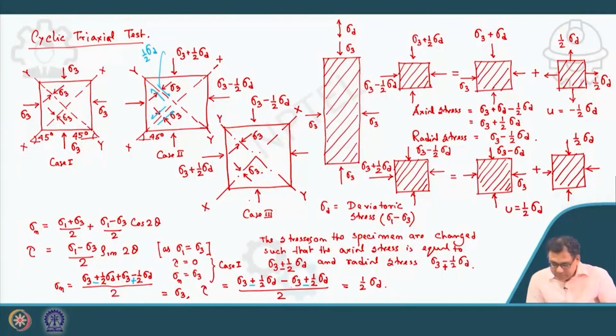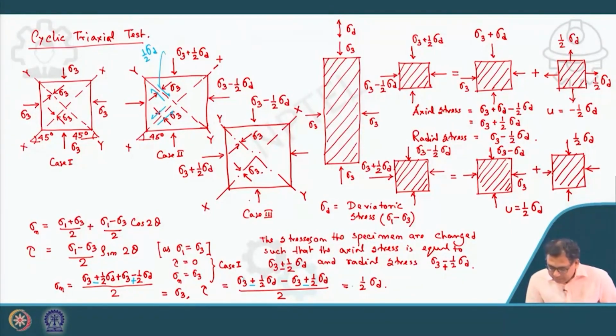So again this sigma 3 will cancel, only again the shear stress will be half sigma d, but the sign will change, or the direction of the stress will change in case 3.